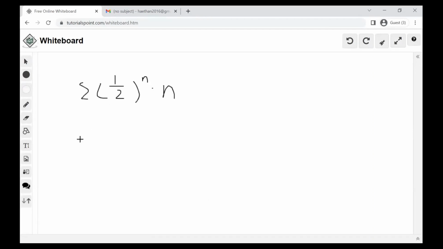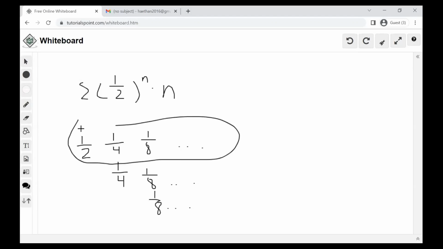So we have 1/2 times 1, and then 1/4 times 2, and 1/8 times 3, and so on, right? As you can see, we can group these by the columns, or we can group them by rows like this.